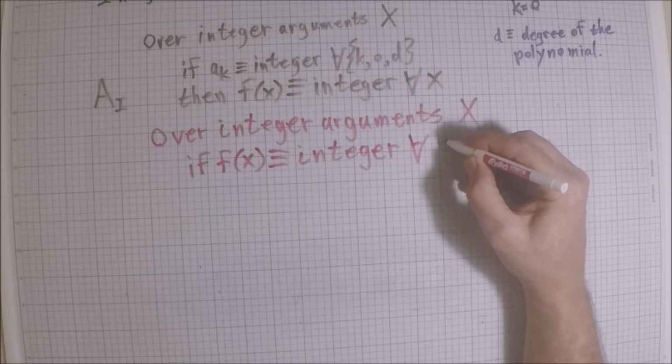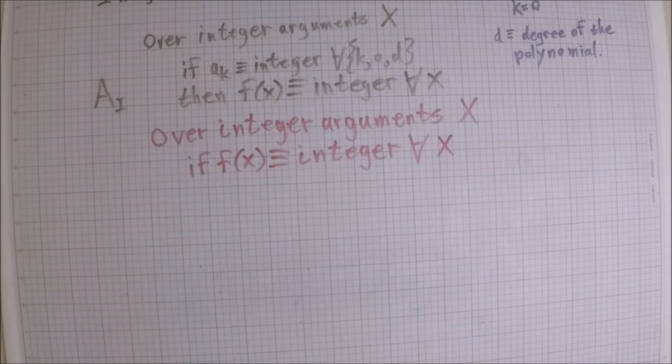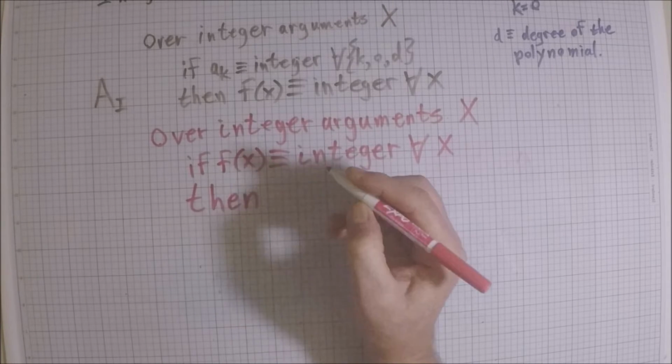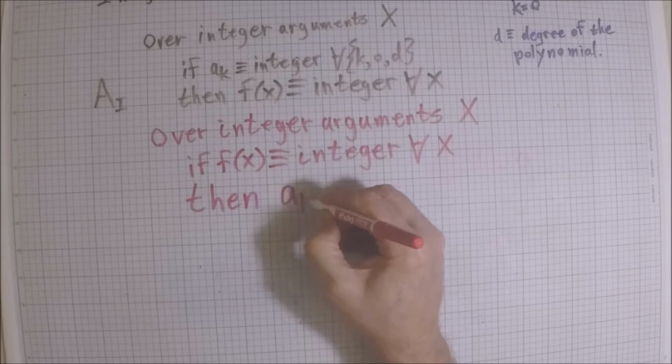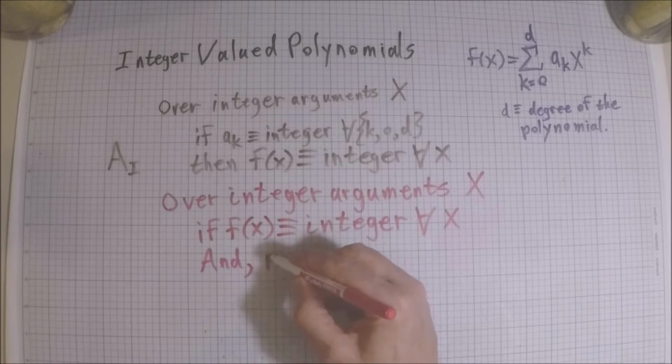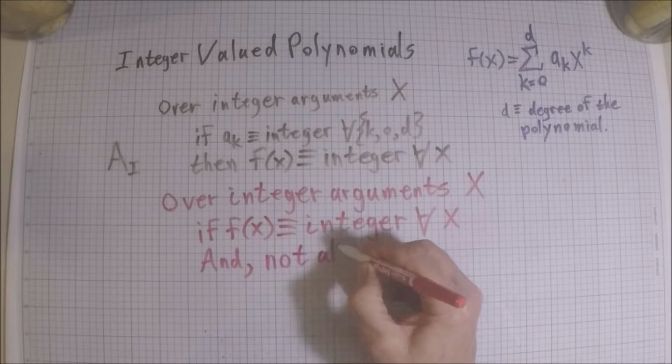In other words, if not, then there are going to be some polynomials which have integer arguments and integer values, but the ak, the coefficients, are not necessarily all integers.